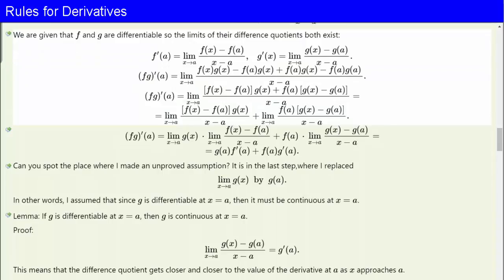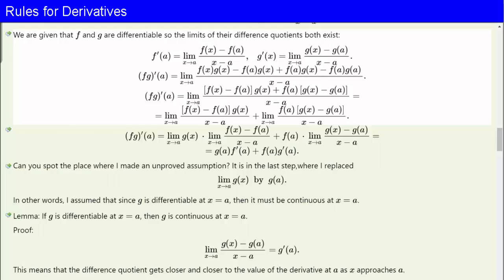We are given that f and g are differentiable, so the limits of their difference quotients both exist. That is, f prime at a is the limit as x tends to a of the ratio f of x minus f of a over x minus a, and g prime at a is the limit again of a similar ratio in g.